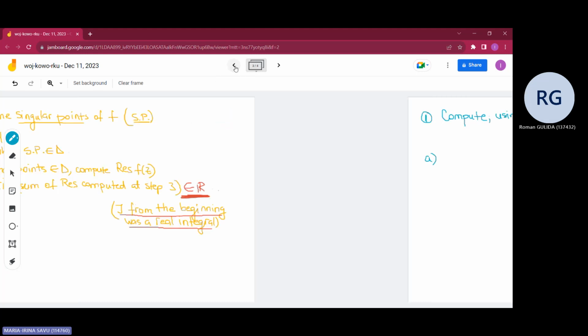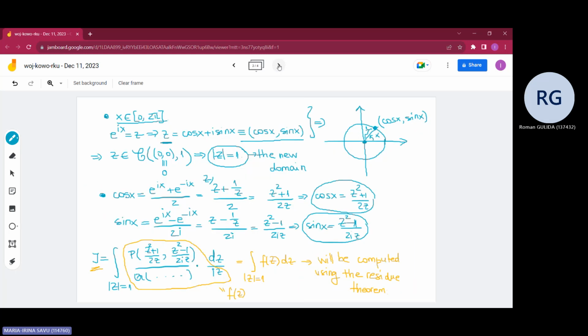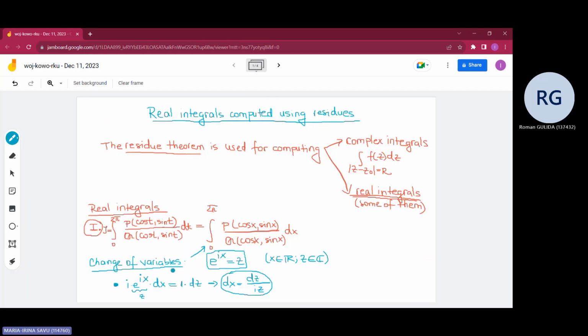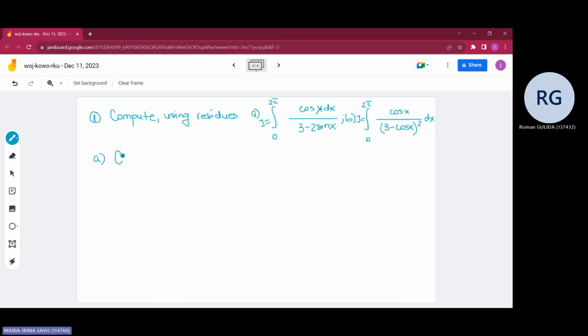So the first step of computing this integral is to make this change of variables, because I want to obtain from this integral something which is like this. But for this, I need to make this change of variables. So let's write the change of variables.